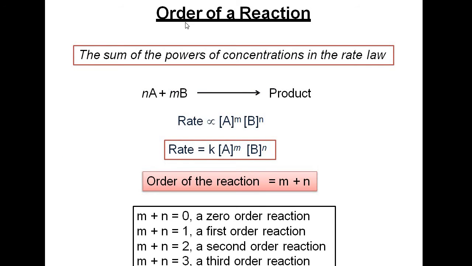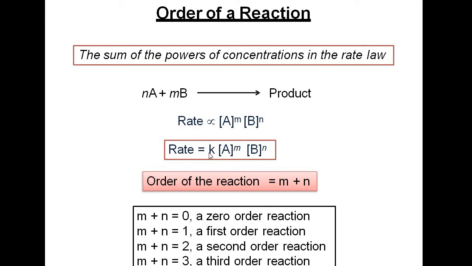Then the next term is the order of reaction. It is a very important term of the unit chemical kinetics. It is also related with rate law. Order of reaction is defined as the sum of the powers of concentrations in the rate law. Let's suppose a reaction nA plus mB gives product.